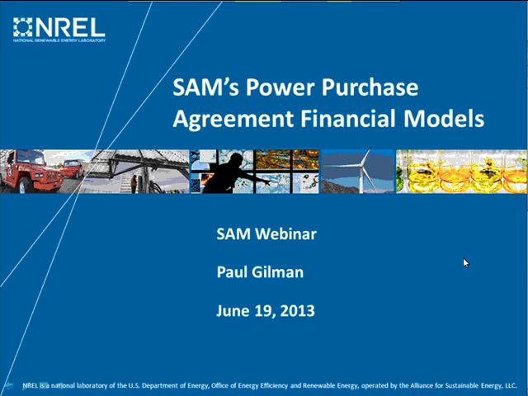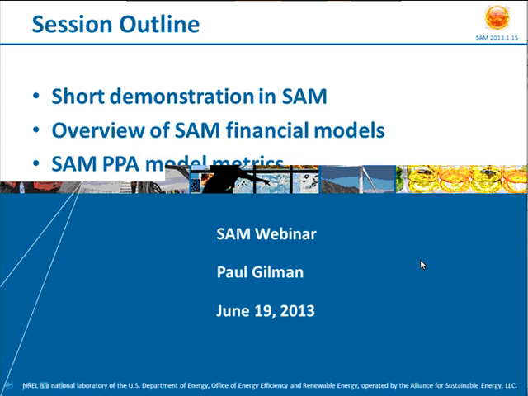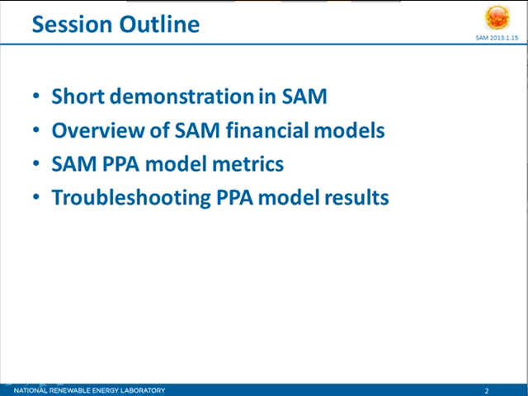For today, like I said, we're going to talk about the Power Purchase Agreement financial models in SAM. I'm going to start with a short demonstration in SAM, and then I'm going to give you an overview of the financial models, and then I'll spend a good chunk of time talking about the PPA model metrics, and then discuss some techniques for troubleshooting the results of the PPA model.